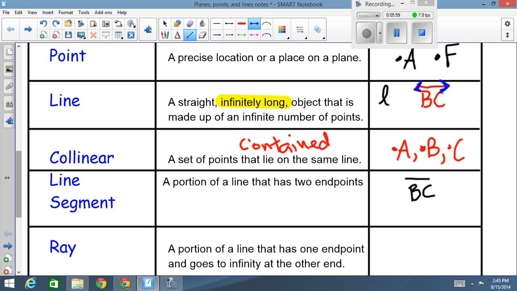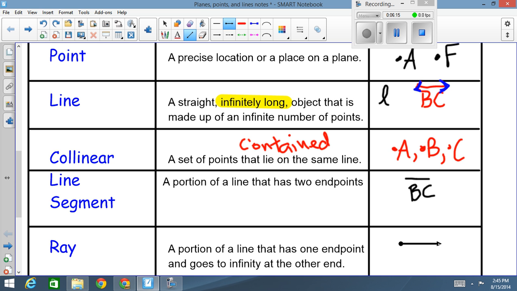A ray kind of falls in between segment and line because it's a portion of a line, but it has only one endpoint, and it goes on and on to infinity at the other end, essentially something like this.